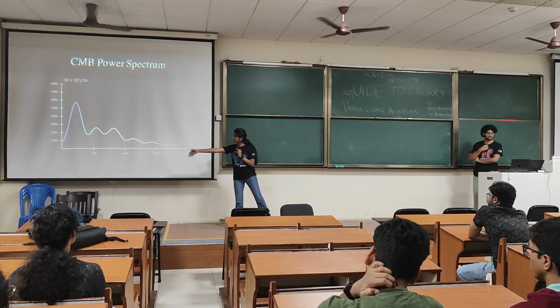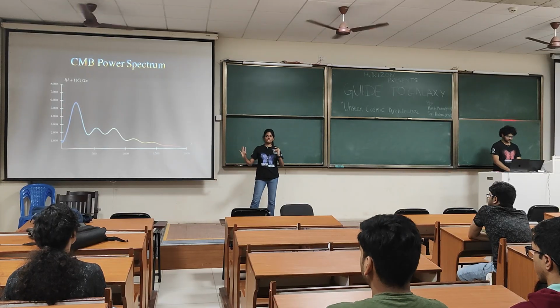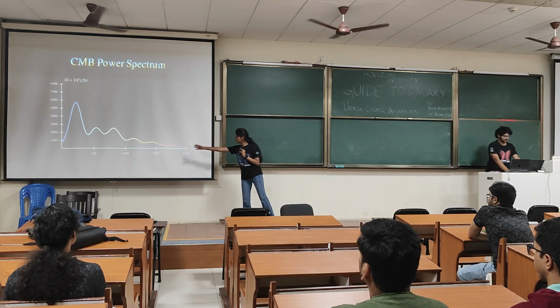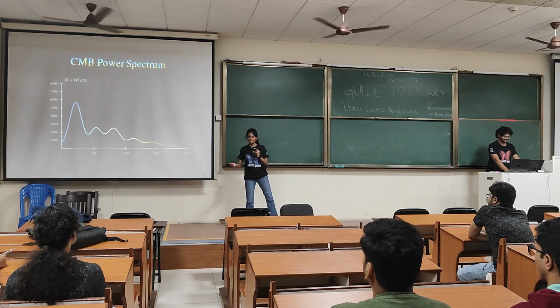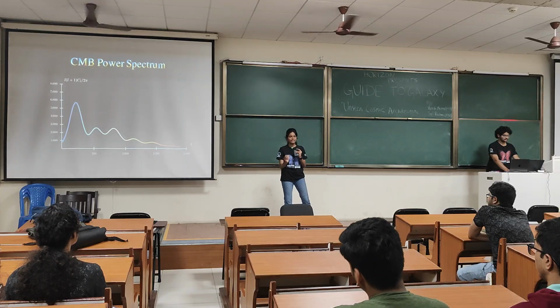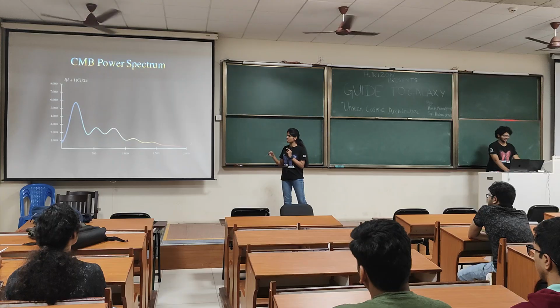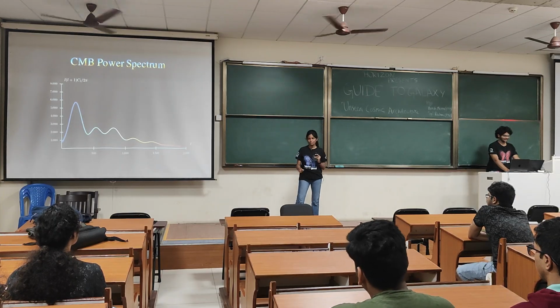So if I'm looking at low L, it just means that I'm looking at a broader feature, a large angular scale. And if I'm looking at a very high L, it basically means that I'm looking at very finer details, that's all. And the y-axis, in very simple words, is directly proportional to the temperature fluctuation.